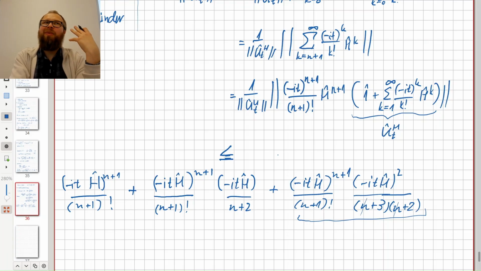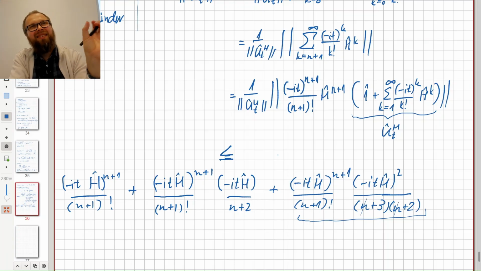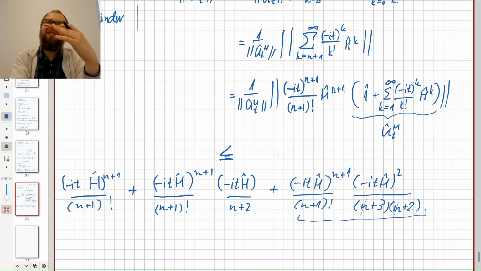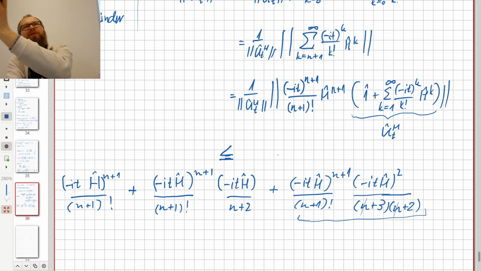But what this n does, it makes the denominator smaller, right? So if I just throw away n, I get something that bounds from above. Okay? Yes. And then I would have to write here this. And this would be correct.